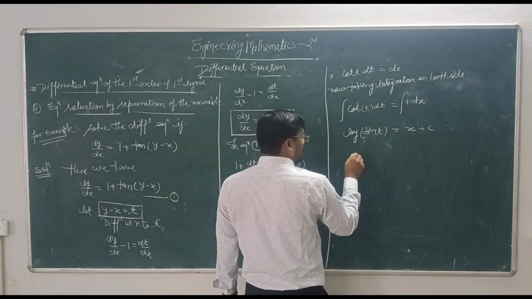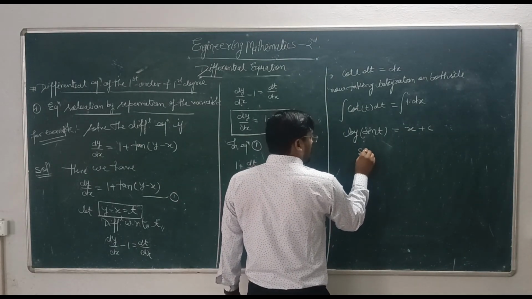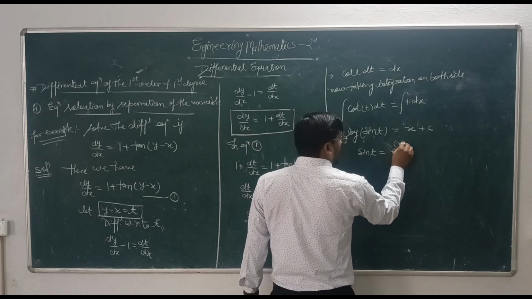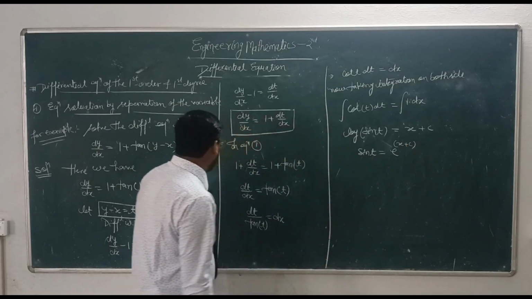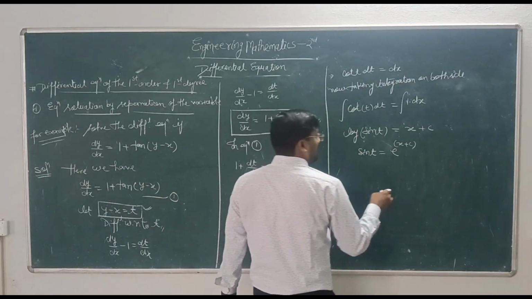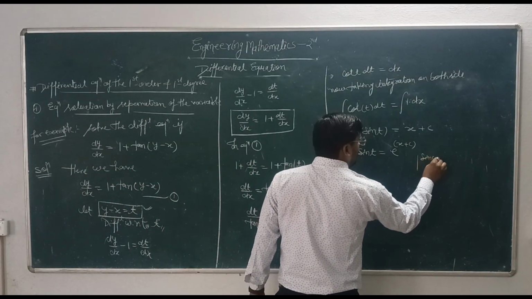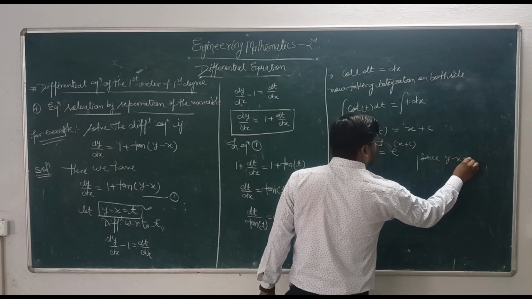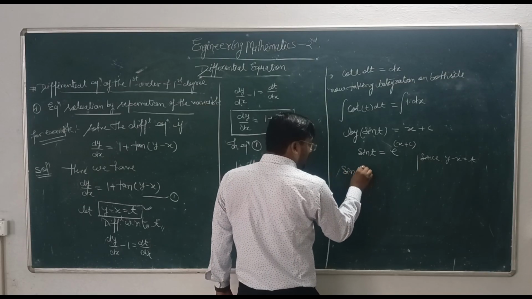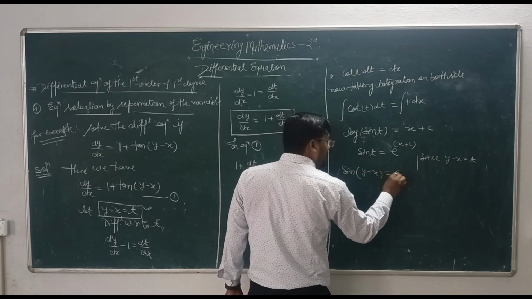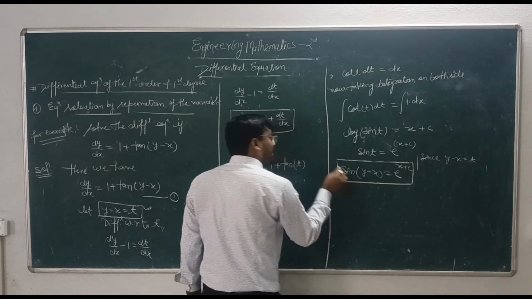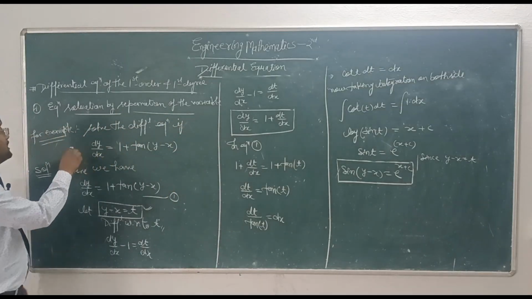Now sin t is equal to e to the power (x plus c). Now putting the value of t, t means y minus x, since I let y minus x equal to t. Now you can write sin (y minus x) is equal to e to the power (x plus c). This is the solution of this differential equation.